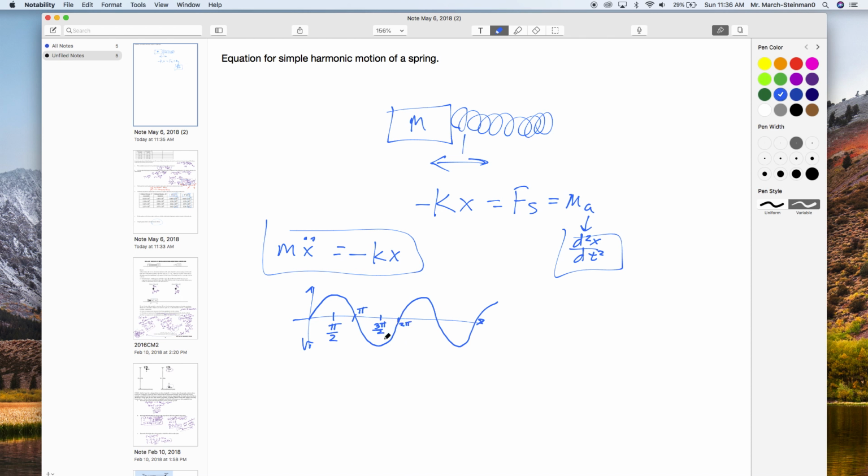And if we were to look at this graph, what I'd see is that at 0, I have a value of 0. At pi over 2, I have a maximum value. Maybe we'll say it's 1, or maybe let's say it's 10. And at 3 pi over 2, I have a minimum value, maybe negative 10. And these are the values of displacement. So this might be my displacement versus time. So my displacement versus time graph looks like a sine wave.